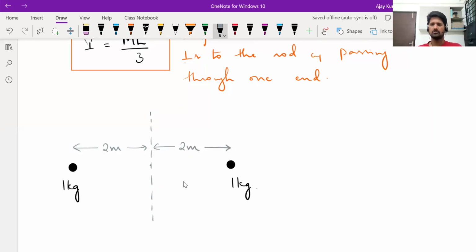So m1 r1 square plus m2 r2 square. How much is the moment of inertia about this axis? Yusuf, how much will it be?